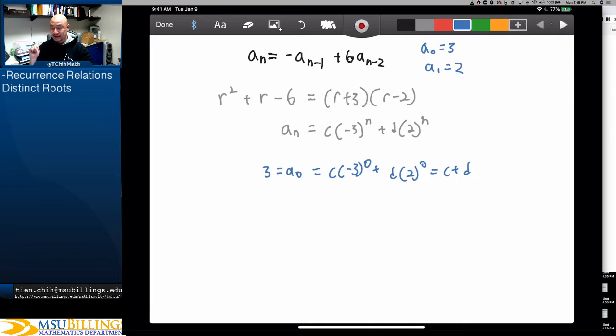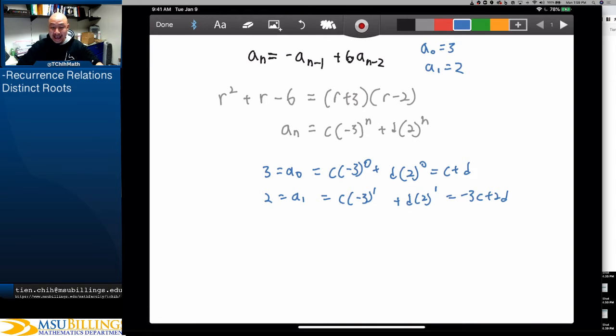So we have that c plus d is 3, and similarly a1 is 2, which is c times minus 3 to the 1 plus d times 2 to the 1. So we get minus 3c plus 2d is 2.